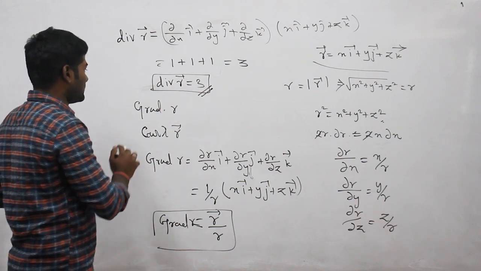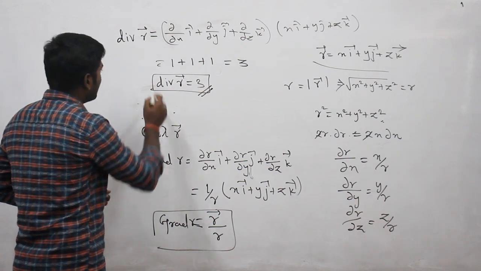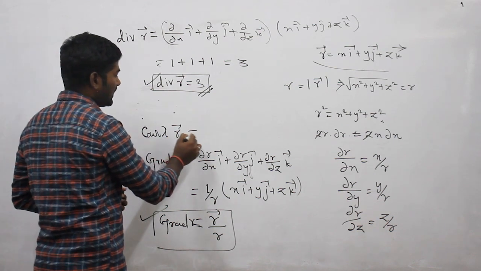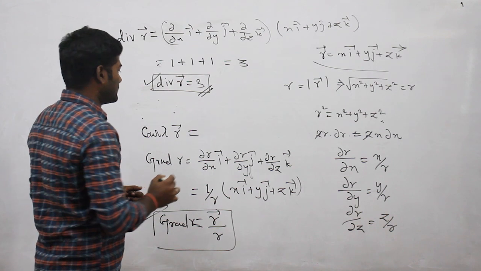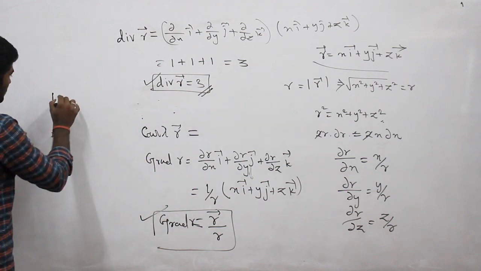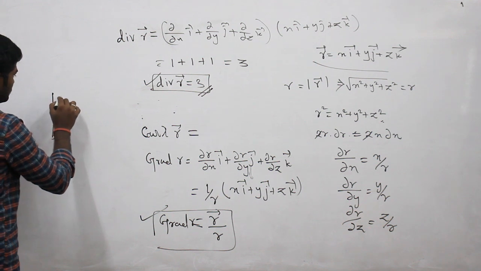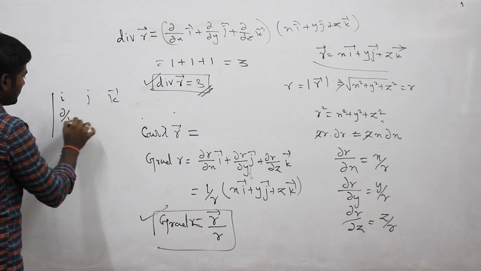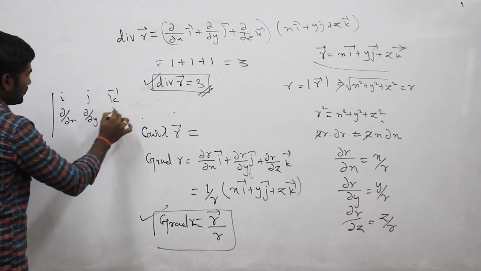Now we have seen the gradient of r and the divergence of r. Now you should know what is meant by the curl of r. Curl is the determinant with i vector, j vector, k vector in the first row, then ∂/∂x, ∂/∂y, ∂/∂z.